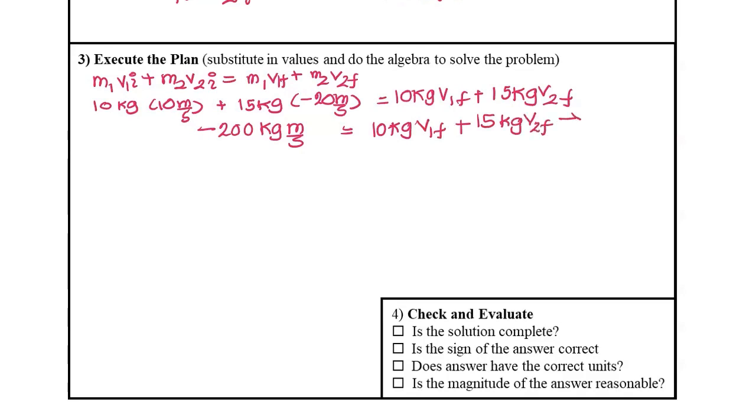So I end up getting negative 200 kilogram meters per second is equal to this, and I'm going to label it as 1.